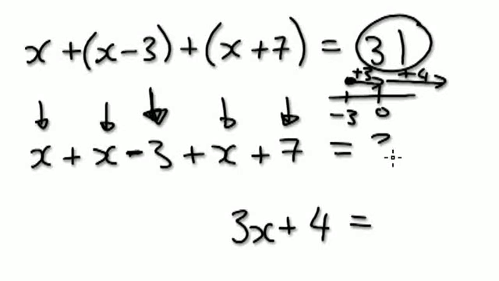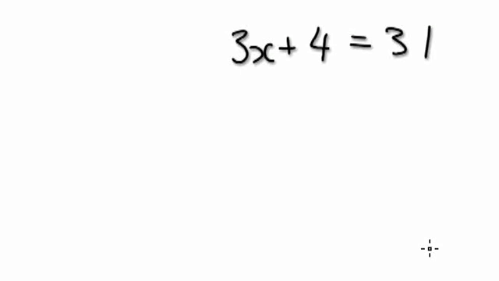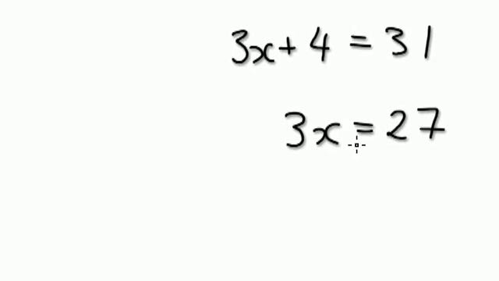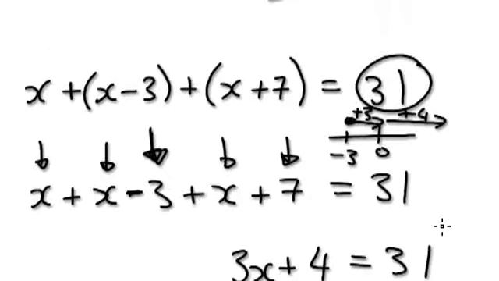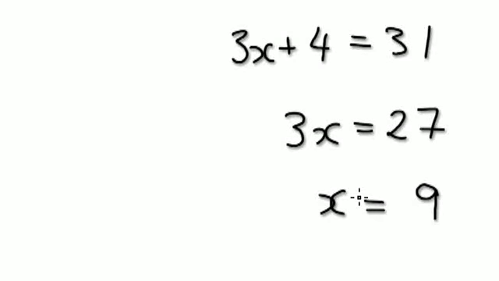And this is 31 here. Now take away 4 from both sides. So this would be 27, and this would be 3x. Divide both sides by 3. So x equals 9.